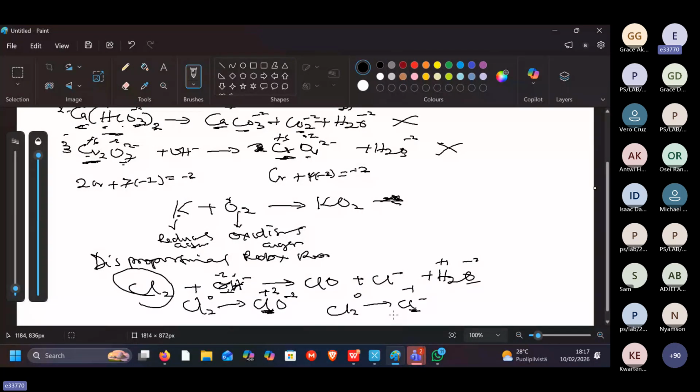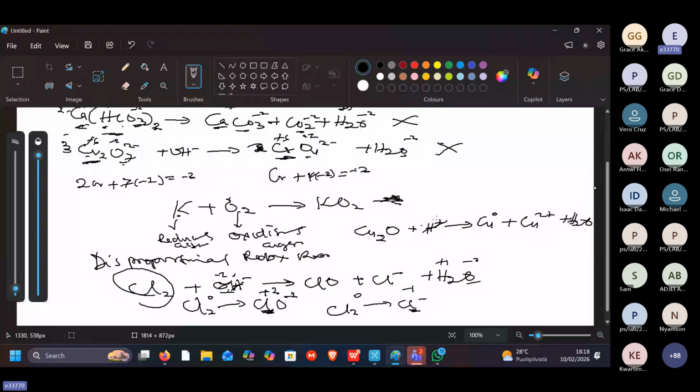Let me give you another example. Say Cu2O, copper(I) oxide, mixed with the proton to produce copper 0, then copper 2+, and of course water.